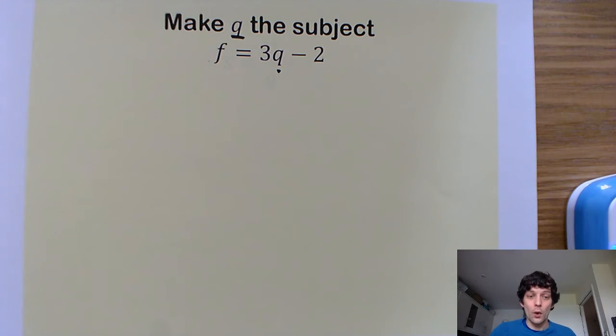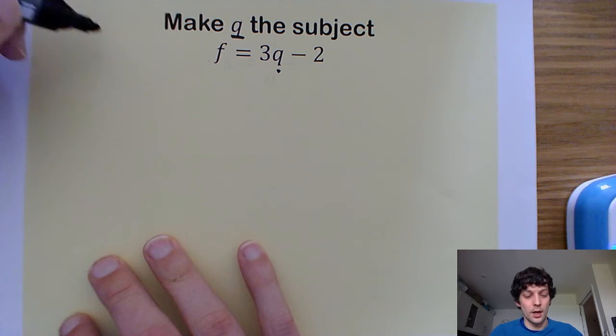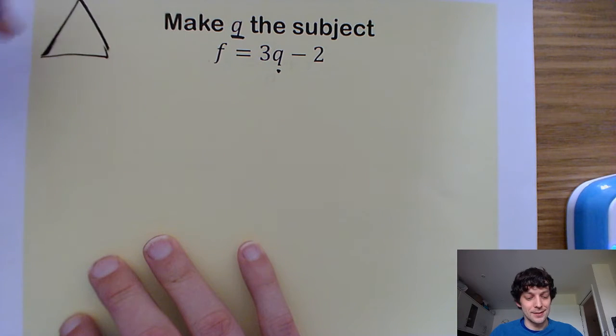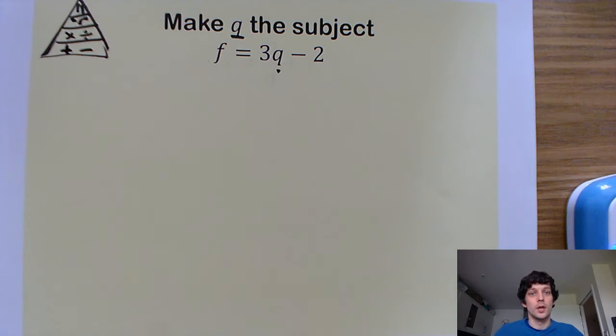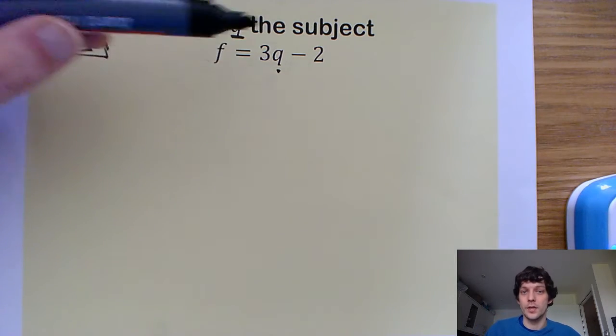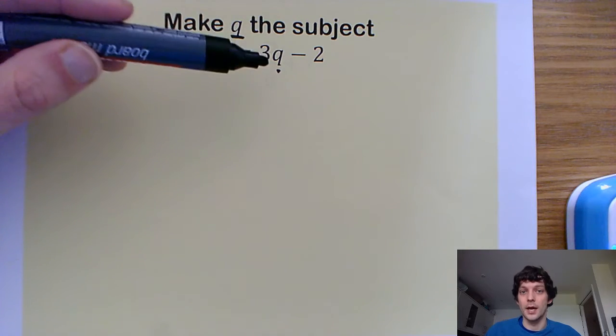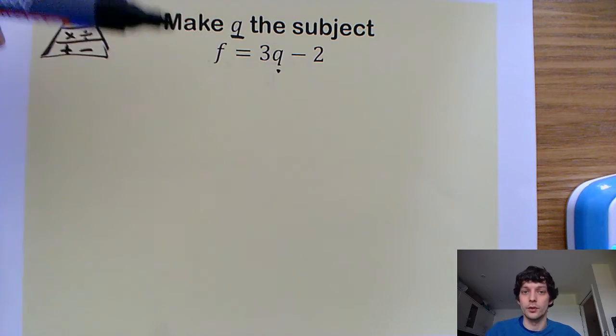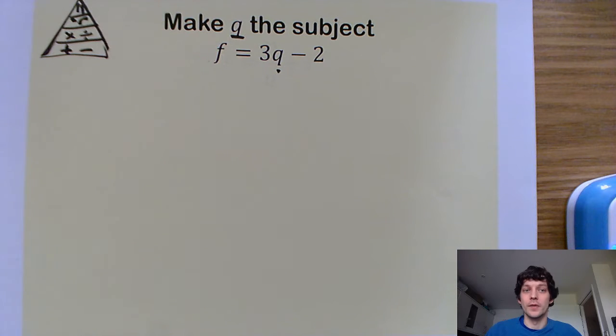And what I'm going to do is follow an inverse order of operations approach. Whatever I do first to the Q, I multiply it by 3 and then I subtract 2. I'm going to get rid of them in the opposite way.